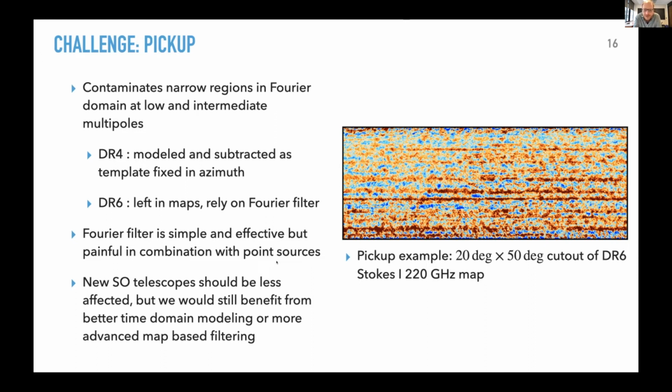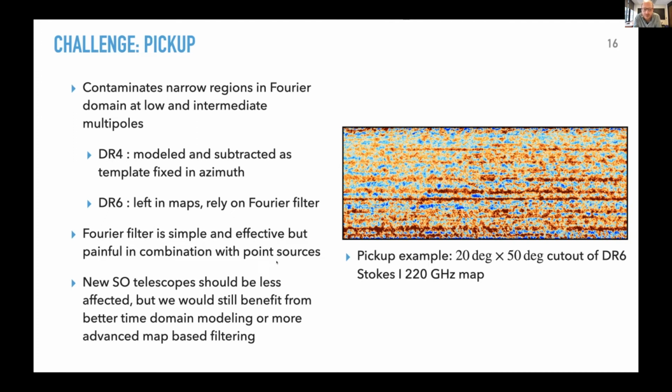The good thing is they are really just horizontal stripes, and so they're sparse in the Fourier domain, which allows us to filter them away. We've been using different tactics to do this. In the new data set in DR6, we are just leaving the signal in the map and then relying on a Fourier filter to filter these modes away in later stages of the analysis.